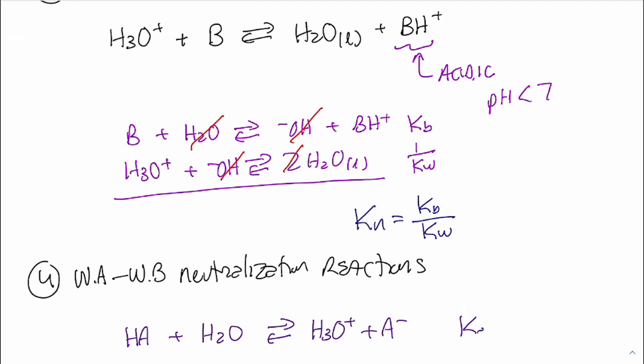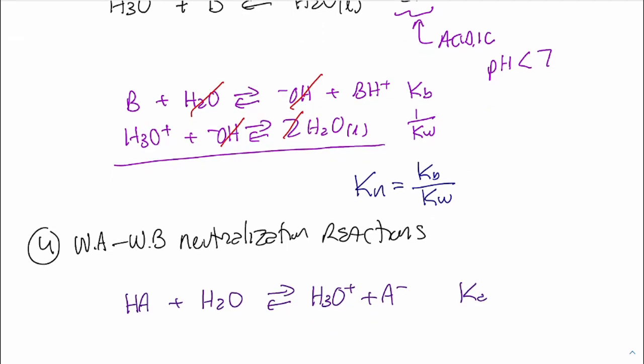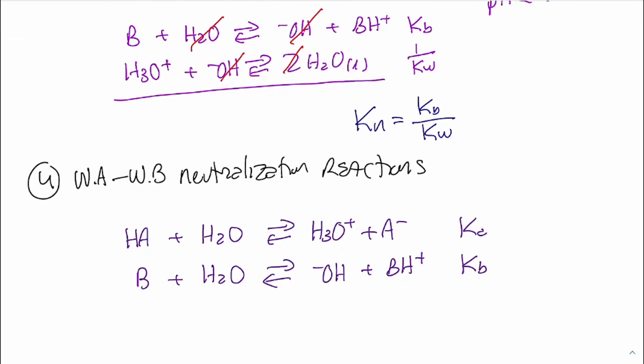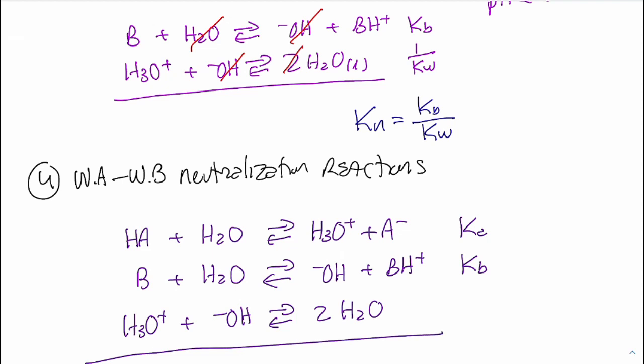So Ka, my base also reacts with water to give me hydroxide ions plus BH plus, so Kb, and then hydronium ions react with hydroxide ions to give me 2 water. And then we're going to add this together. This is 1 over Kw. Almost forgot it.